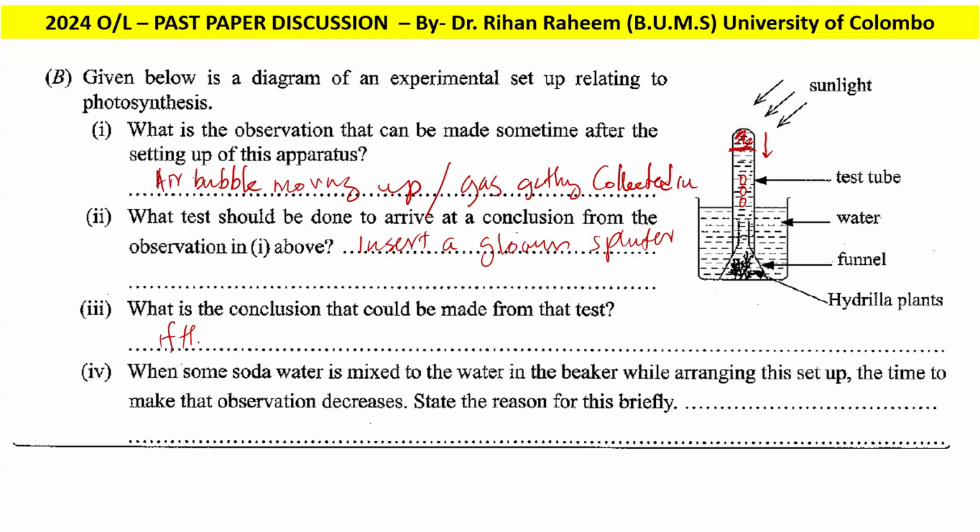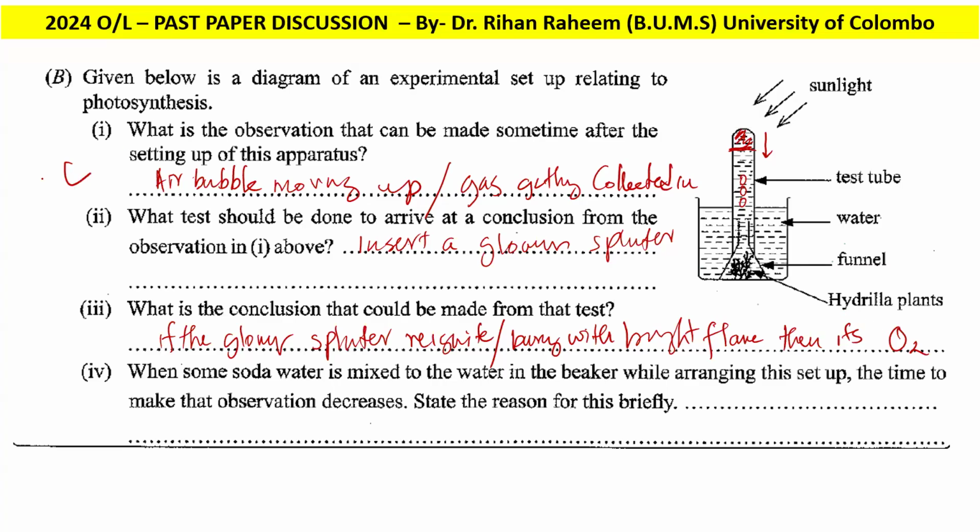If the glowing splinter reignites, or we can say burns with bright flame, then it's oxygen gas. Are you clear? One for this, one for this, and one for this.